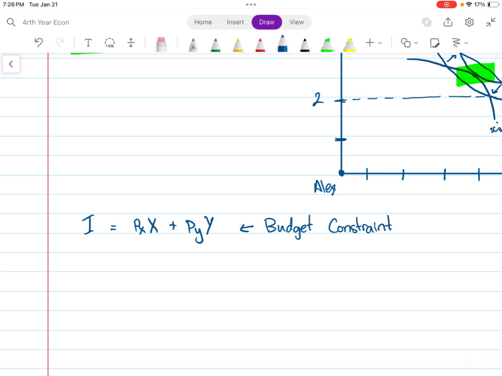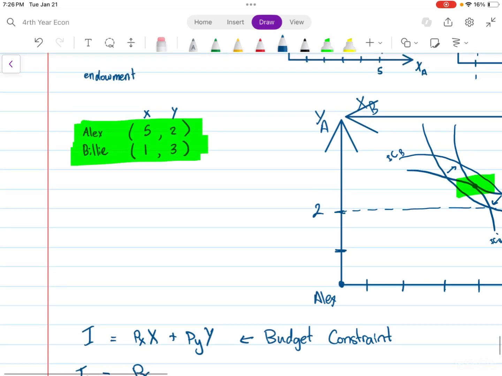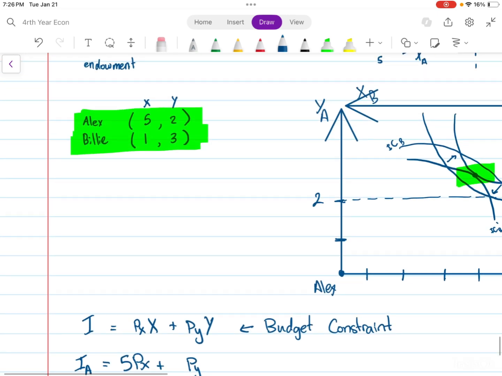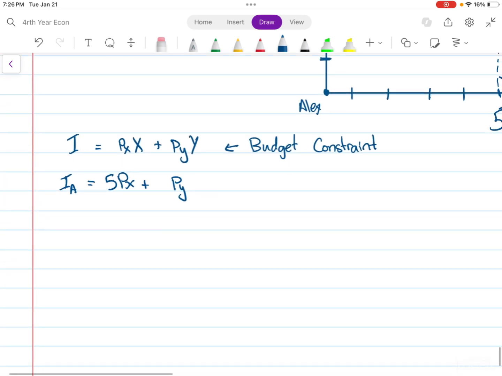And since we know that their budget constraint is equal to their endowment, we're able to substitute some of these variables for numbers. So let's start by finding the budget constraint for Alex. Alex's income, or his budget constraint, is equal to the price of good X times the number of good X he consumed, which in this case is 5, plus the price of good Y times the number of good Y he can consume, which is 2.